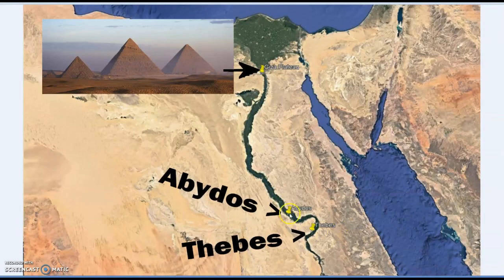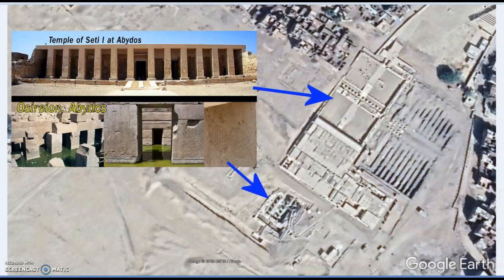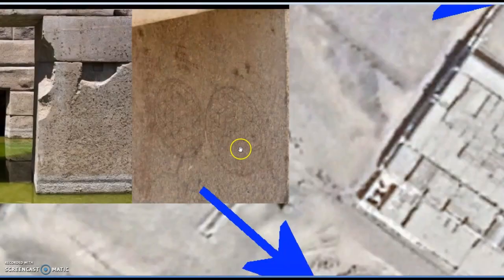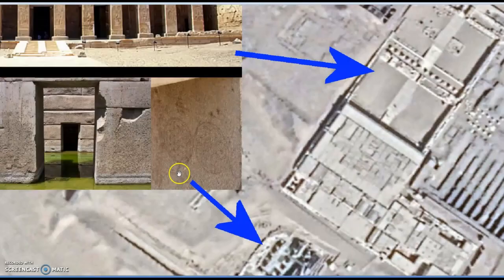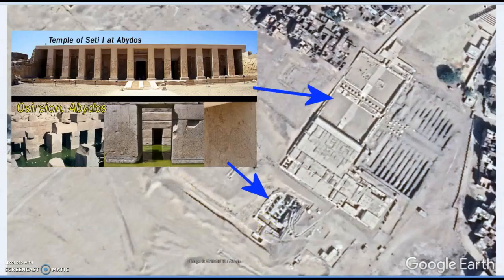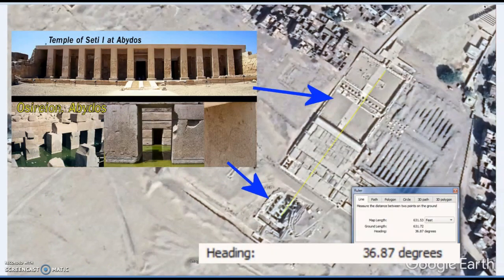Now, that was Thebes. What about Abydos? We mentioned that, where we have the Temple of Seti and the Osireion, which has the flower of life carved into it. About the only decoration in that main body of the temple. There are other attached things with paintings and stuff, but that's the only decoration there. And what's the angle? 36.87, following through.